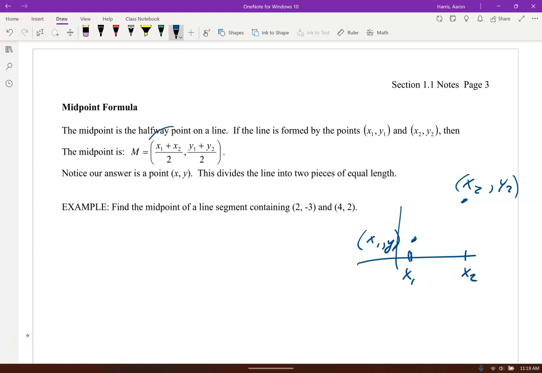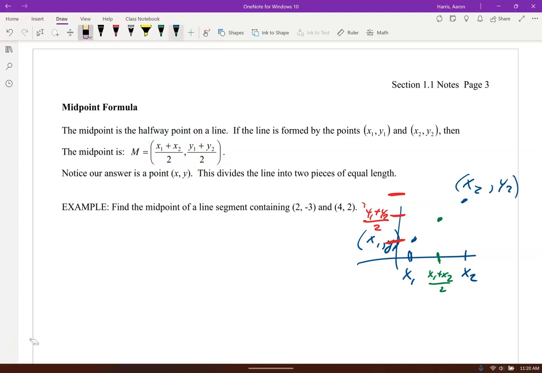So x1 plus x2 divided by 2 would be right there. That's the halfway point between them. And then y1 plus y2 divided by 2 would be between y1 and y2, the average of those two.